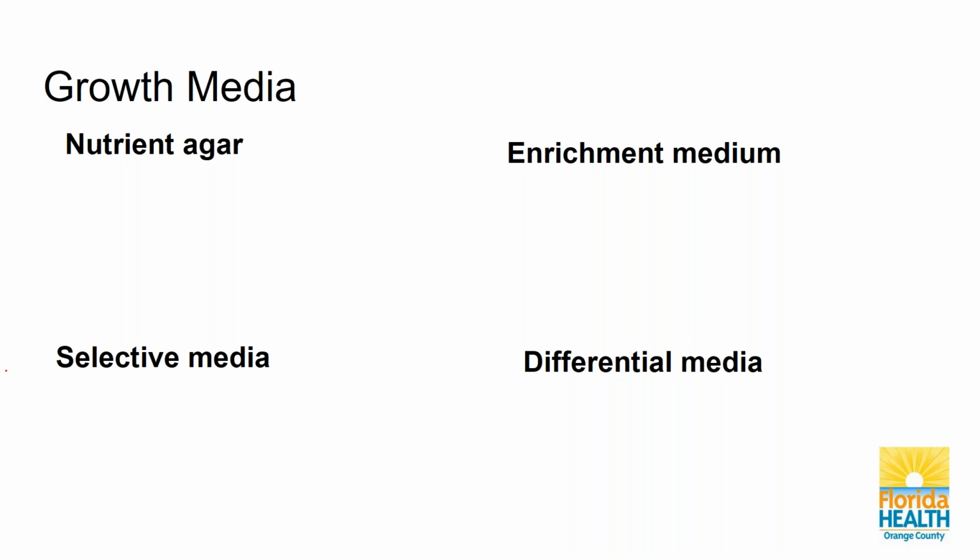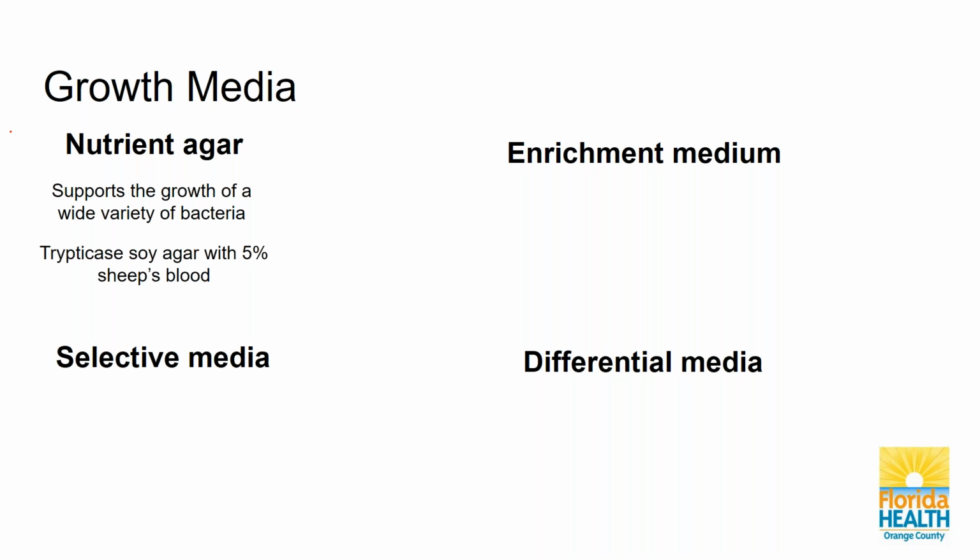Okay, so nutrient agar supports the growth of a wide variety of bacteria. An example would be your trypticase soy agar, or TSA, with sheep's blood. Now, what about enrichment medium? What is enrichment media?